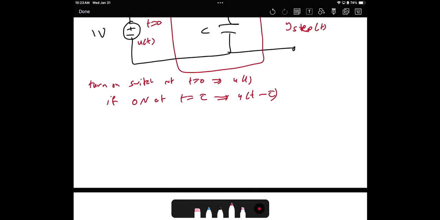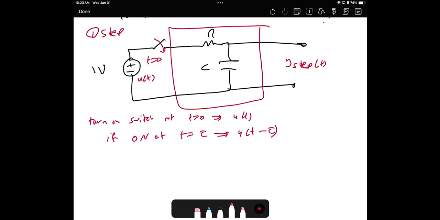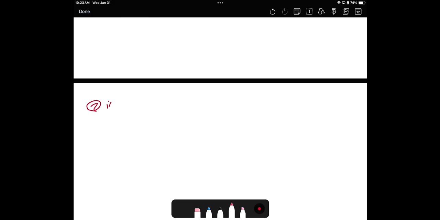Now we did the step response. How about the impulse? Here is the circuit.